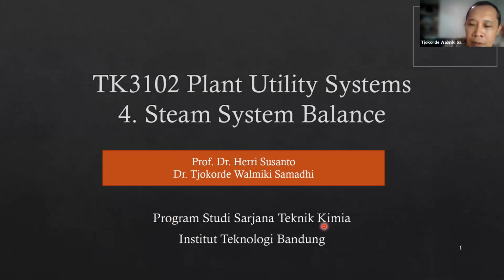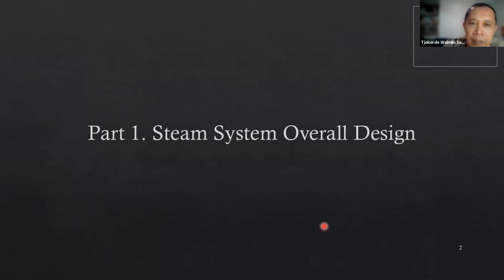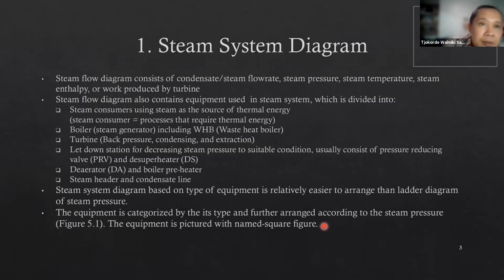So part one talks about the overall design of steam systems. A steam flow diagram, or steam utility flow diagram, consists of steam and condensate flow rate, steam pressure, steam temperature, steam enthalpy, and work produced by the turbine.